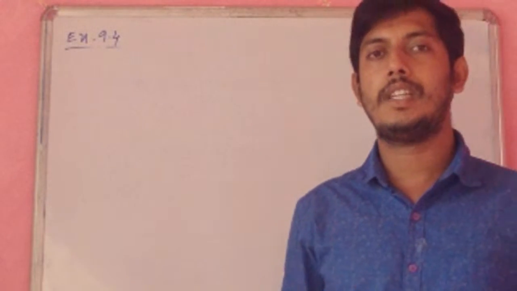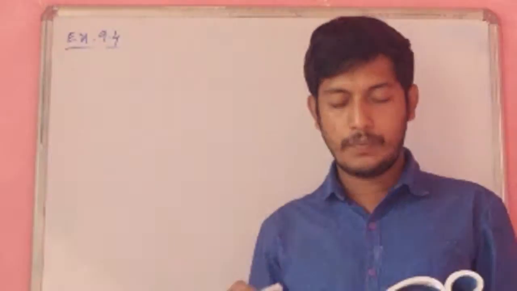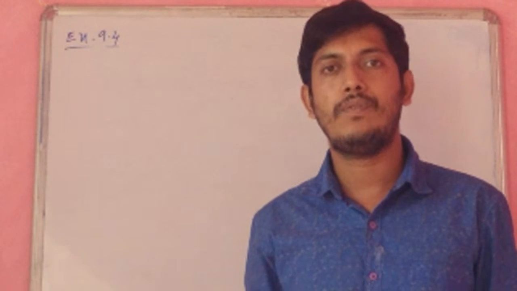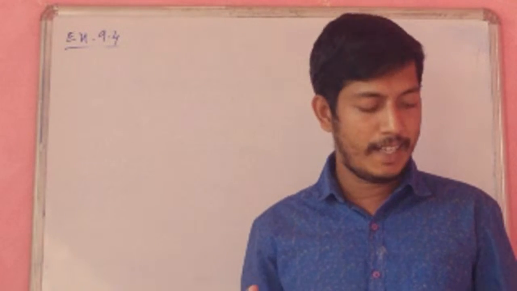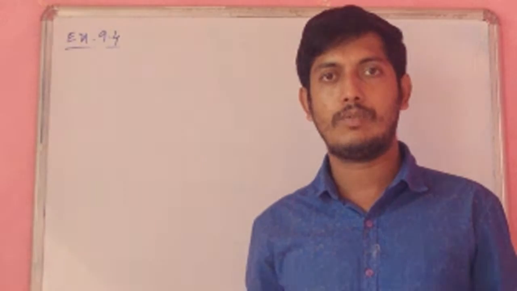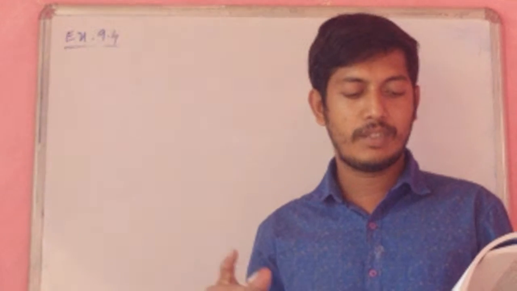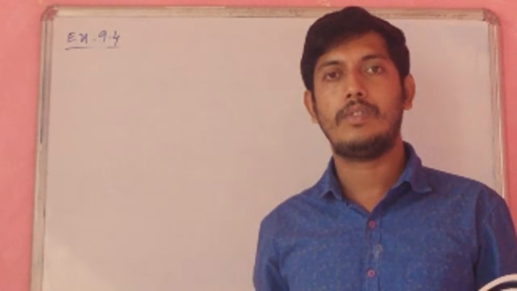So a force is given, that is 5 Newton, and two cases are given. In one case mass is m1 and acceleration is 10 meter per second square. In the second case, the mass is m2 and acceleration is 20 meter per second square.